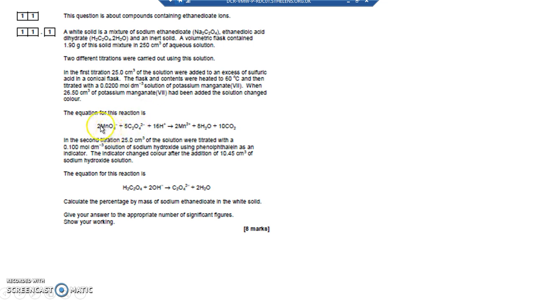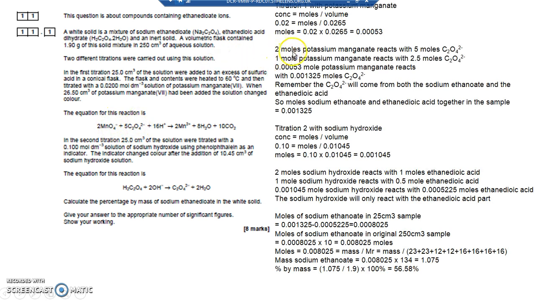the ethanedioate. Why have they given me this equation? They've given me this equation because it tells me 2 moles of this react with 5 moles of this. Or if I halved it, 1 mole of this would react with 2.5 moles of this. So for every 1 mole of potassium manganate(VII) that I've just worked out, 2.5 moles of the ethanedioate will react. 1 mole of potassium manganate reacts with 2.5 moles of ethanedioate.